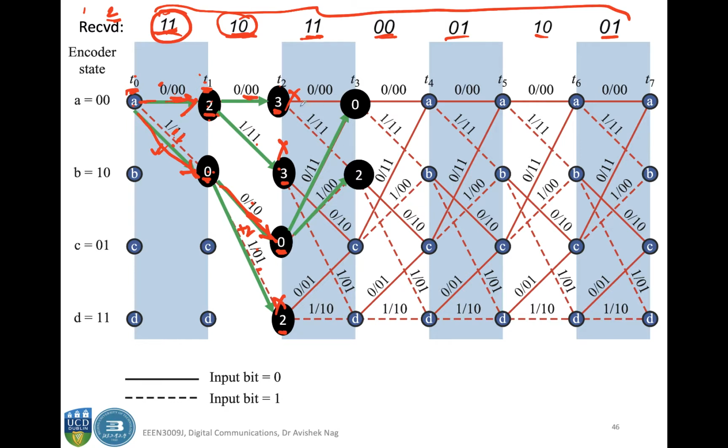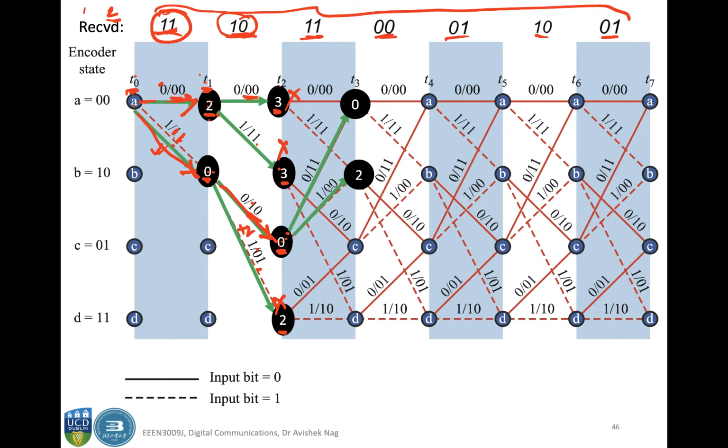You don't want this path, you want to take the shortest path. So you keep following this path, because until this point this is the shortest path that you got starting from t0.